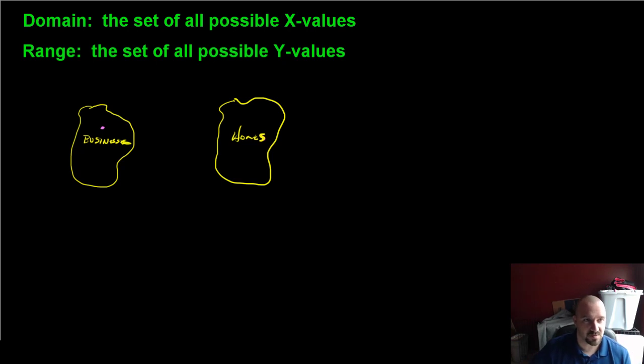If we consider the businesses as our domain, our X value, then our range would be our Y value, or we'll take a look at that once we get into the Cartesian coordinate plane.